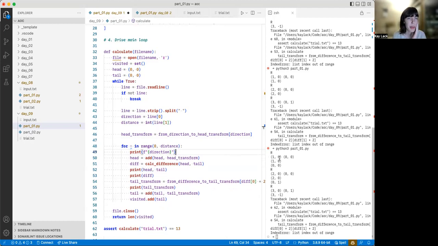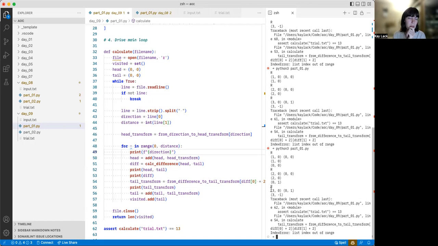So head moves 1 to the right. Tail is at 0, 0. The difference is, okay, so that's correctly 0. This one, the tail's 2 to the right. The difference is 2. Head minus tail, yeah. The difference is 2, therefore it should go 1 to the right, which is correct, and it does.